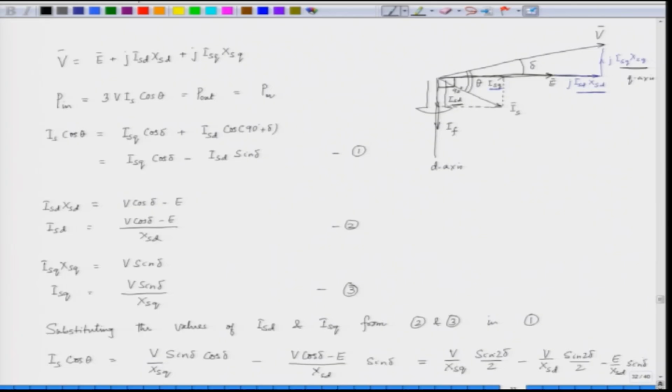So, this is the value of I S into cos theta. When we know the value of I S cos theta, we can find out what is the power.